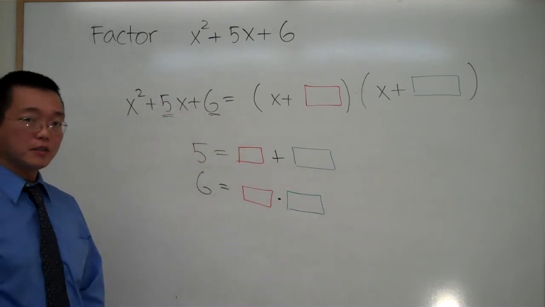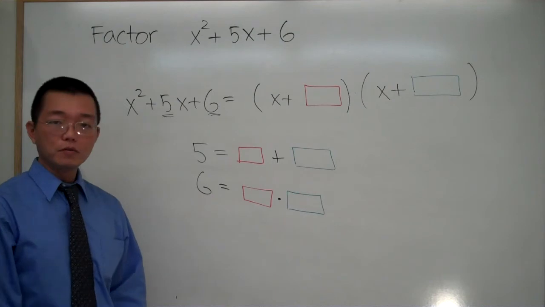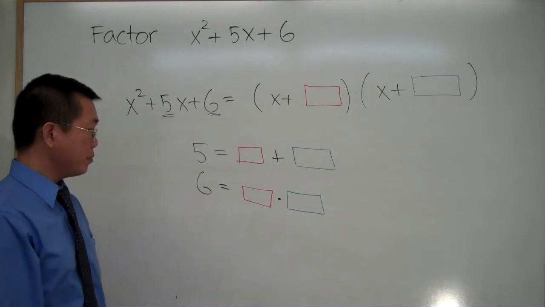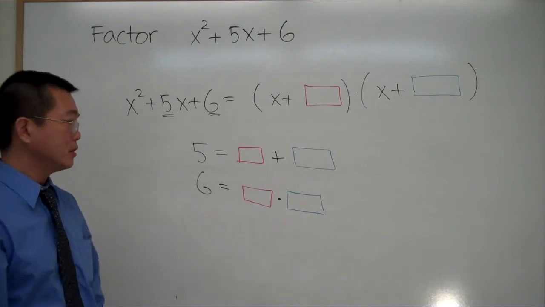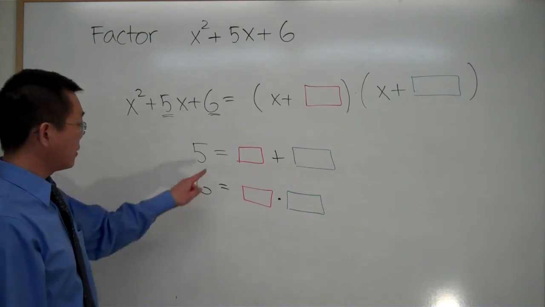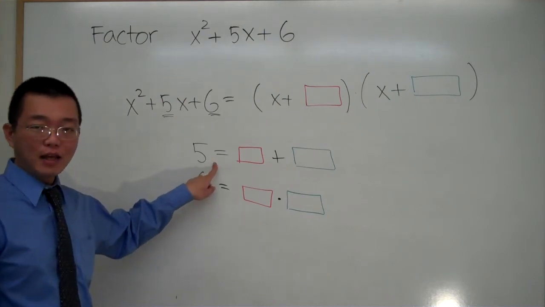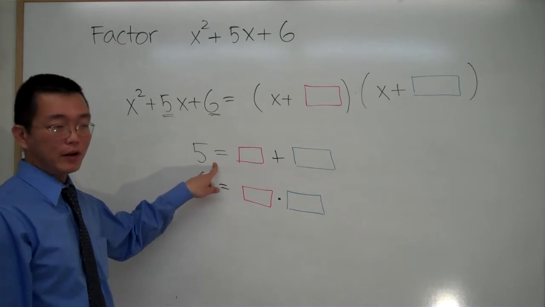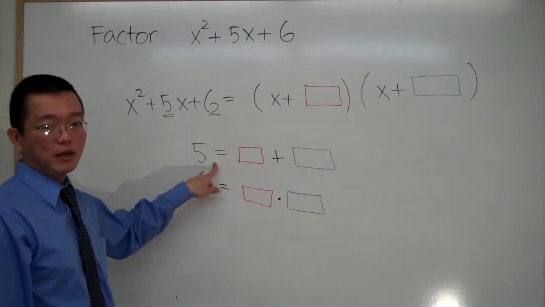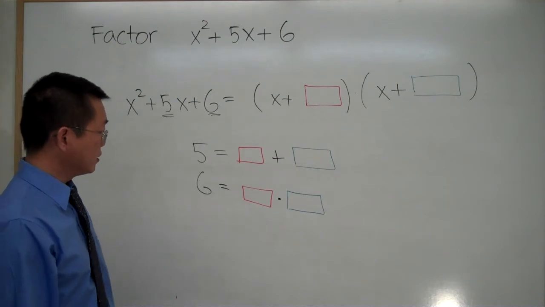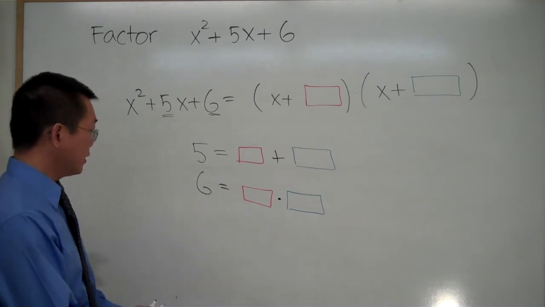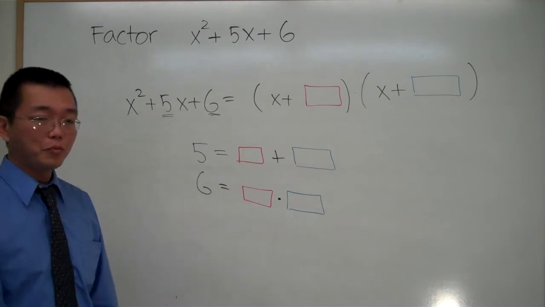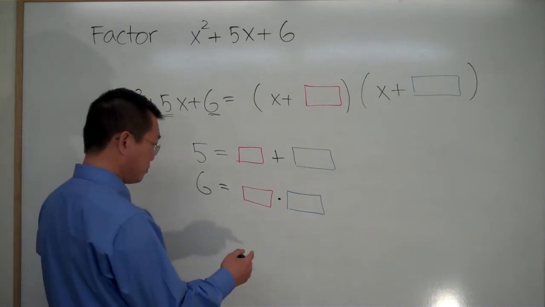As we mentioned before, we'll consider the product clue first, because after all, not too many pairs of numbers multiply to be 6. But for numbers to total 5, there are a lot of other choices. You can do 5 and 0, you can do 1 and 4, and so on. You can even do -10 and 15. So we stick to the second clue. Now, consider two numbers whose product is 6.